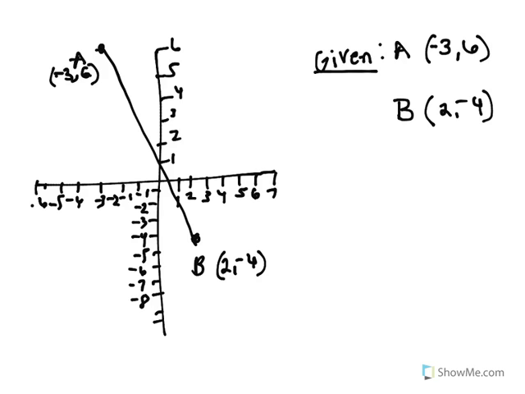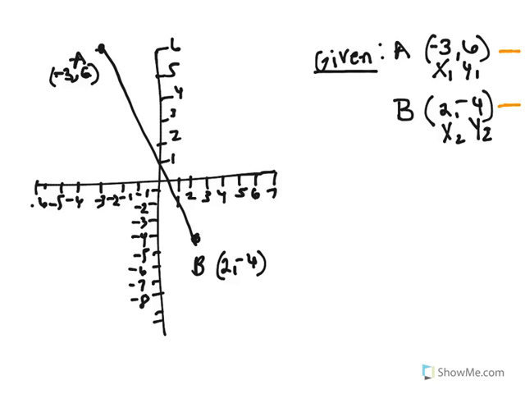So I'm going to have to use the distance formula. So I'm going to assign A as x1, y1, and B as x2, y2. And that is literally just because A is the first coordinate that's given to me and B is the second coordinate that's given to me. I'm just going to make life easy and assign an x1, y1 to the first one and an x2, y2 to the second one.